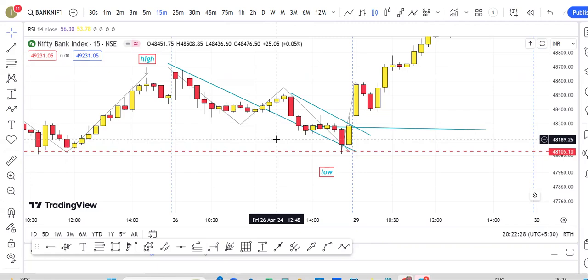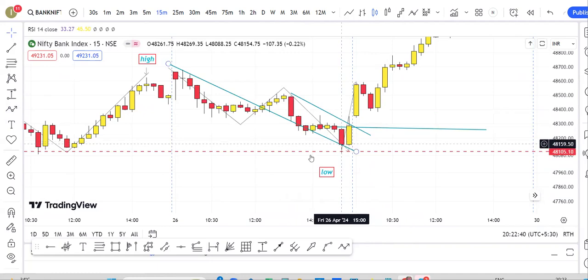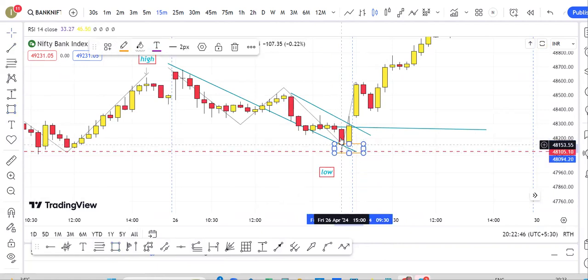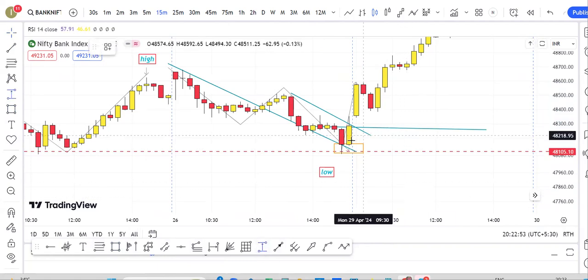Why you should not jump into the market? You have to think which candle was responsible for this high. Which low? This was the low. This low is responsible for this high. So you measure it. How many points has it gone?